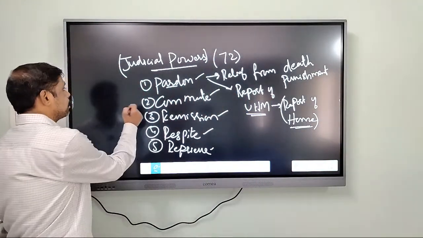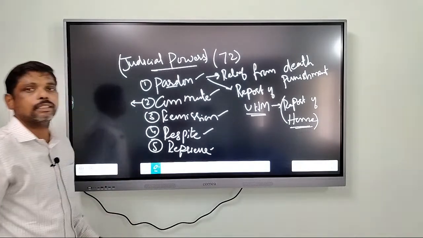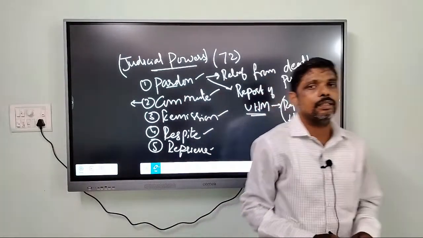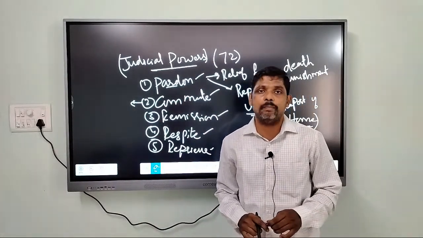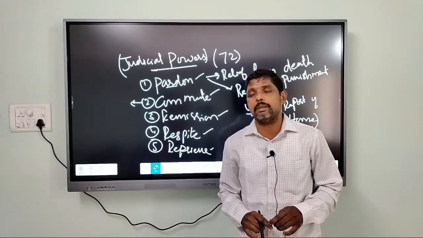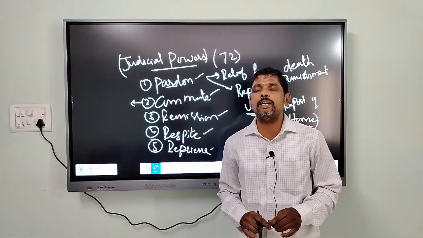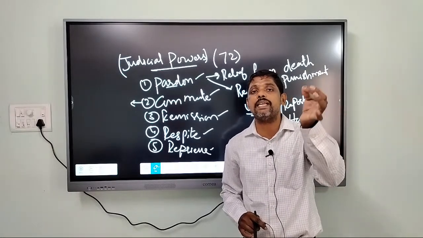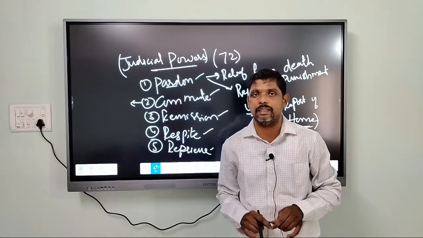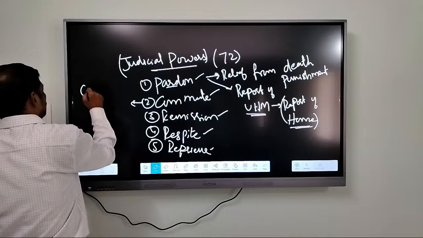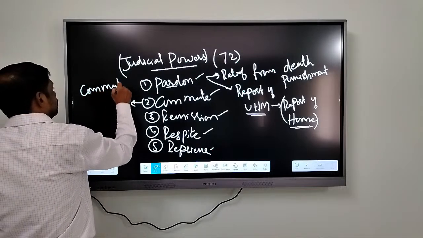Now coming to commute. Commute means reducing the punishment. So substitution of a higher punishment by a lower punishment. Technically we call it commutation.